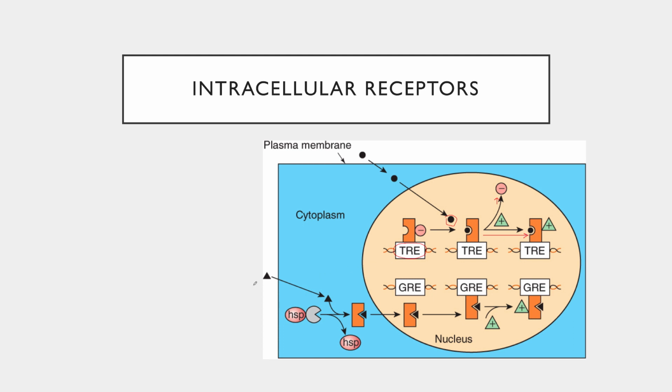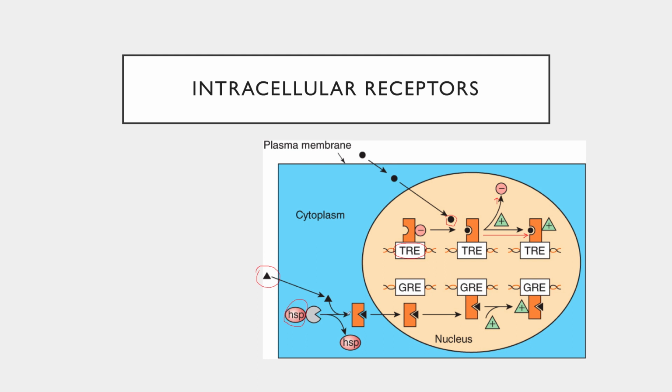For us, we're going to talk about cortisol as our example of a steroid hormone, and its signaling is shown here. So again, our steroid hormone cortisol will diffuse through the plasma membrane, and in this case, cortisol binds an intracellular receptor. If you'll notice, this intracellular receptor is in the cytoplasm bound to a heat shock protein.